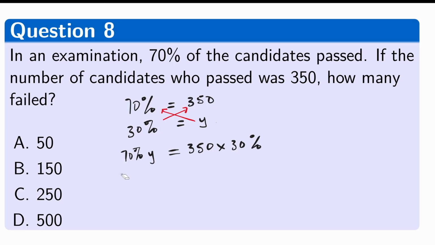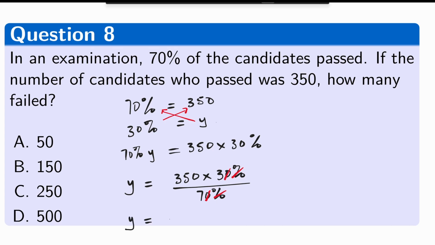Then we divide through by the coefficient of y, which is 70% in this case. Thus, y is equal to 350 times 30%, which is equal to 0.3, divided by 70%, which is equal to 0.7. So here, these two guys will cancel out, and also 0 is going to cancel out 0.